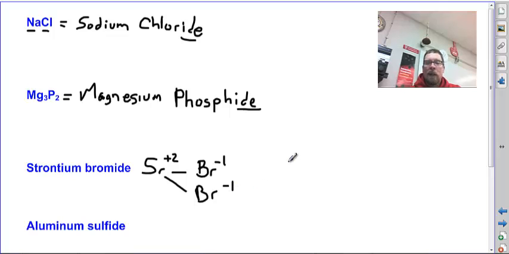Okay? And so this formula is then written as SrBr2. 2 bromines for every 1 strontium. And that's what the subscripts tell you, is how many atoms of each are bonded together.